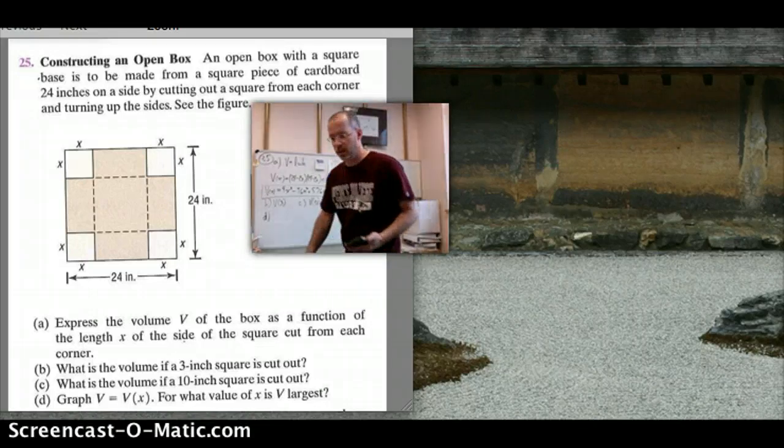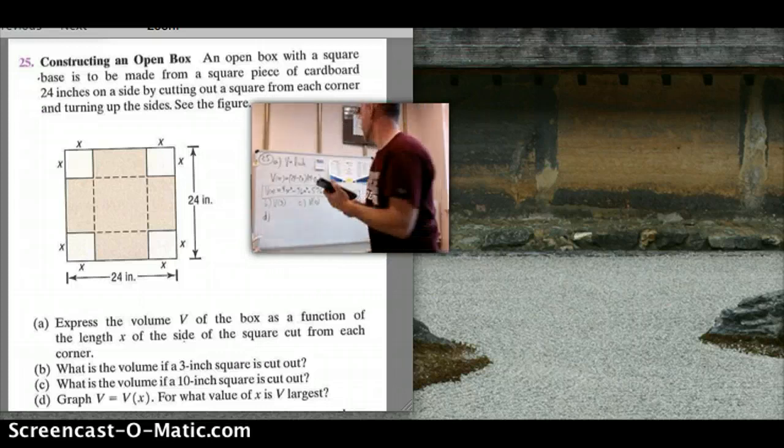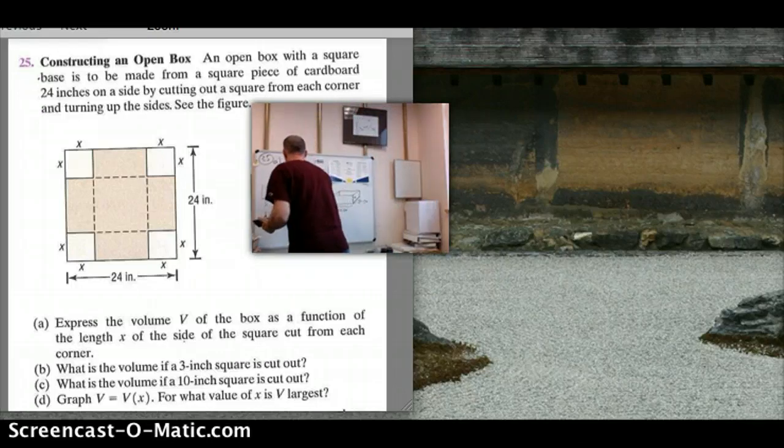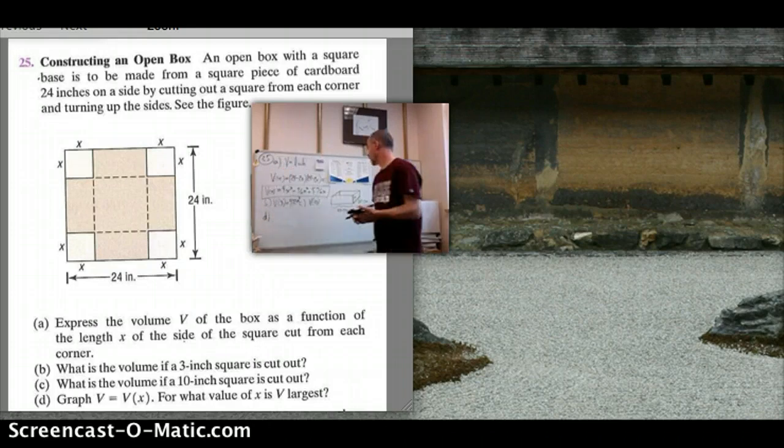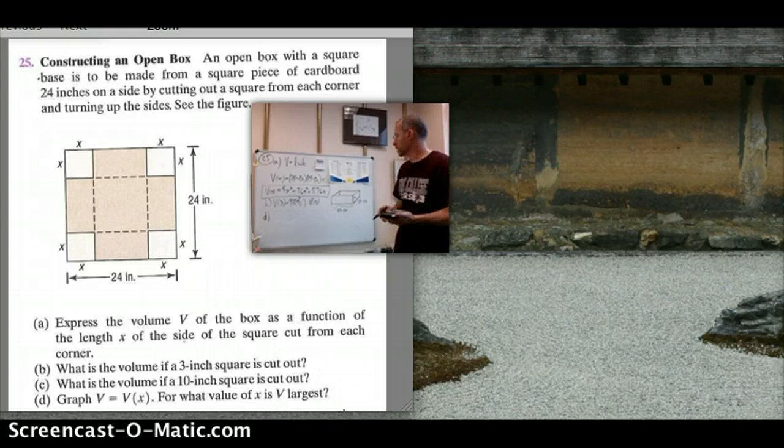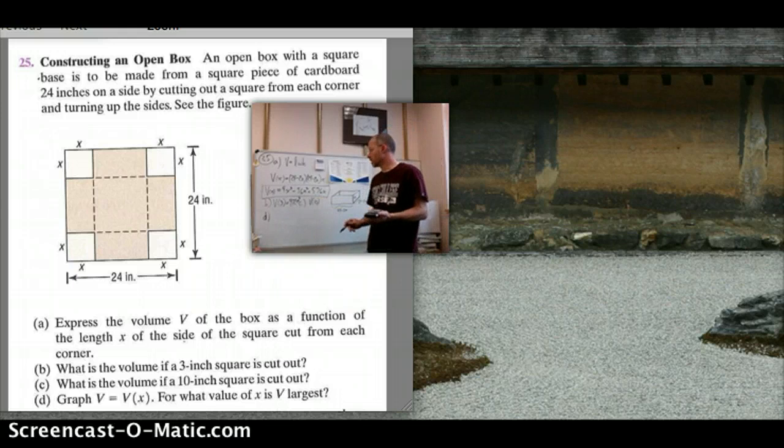So however I did this, I would get 972 cubic inches, right? If those dimensions are inches, the volume would come out in cubic inches.